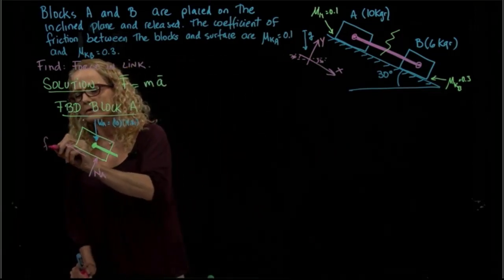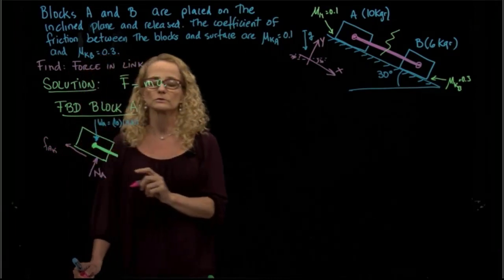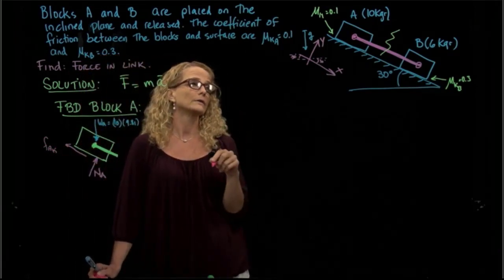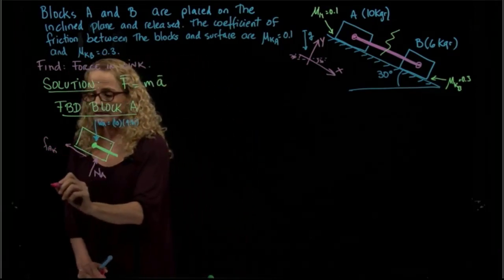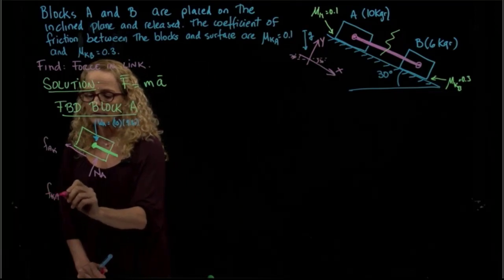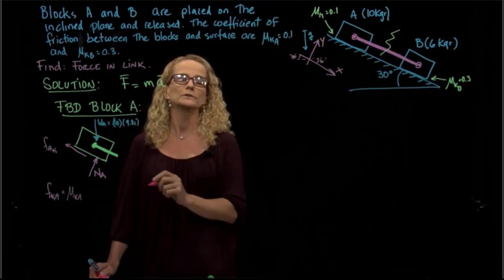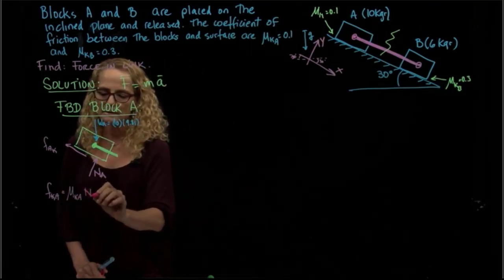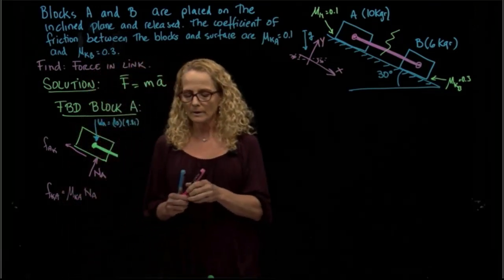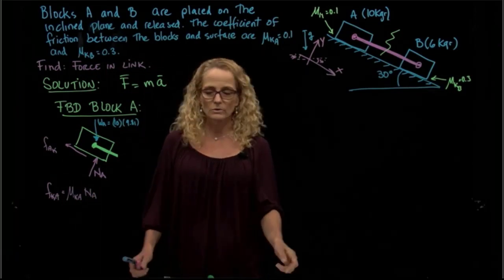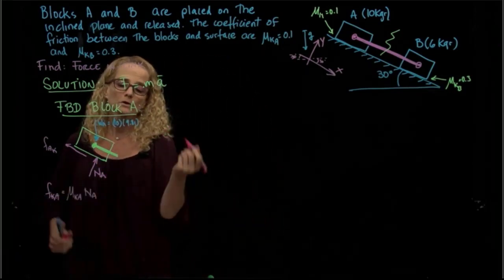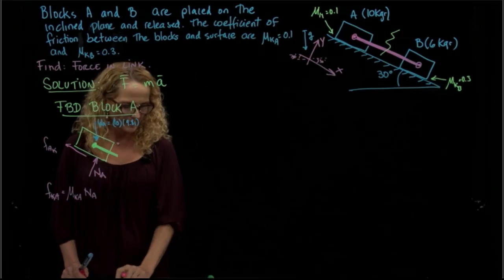Let's call it friction, and it's a kinetic friction. When we already have motion, the kinetic friction force is always equal to the coefficient of friction times the normal force.